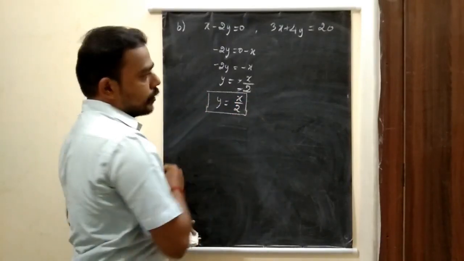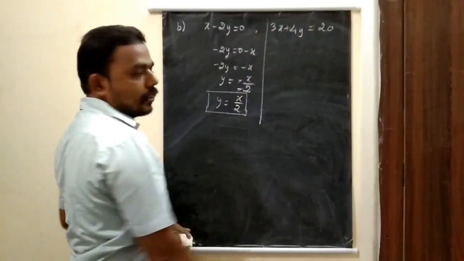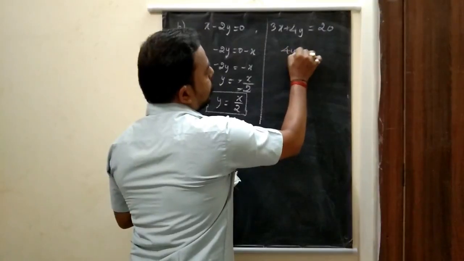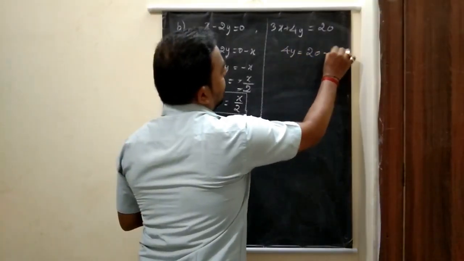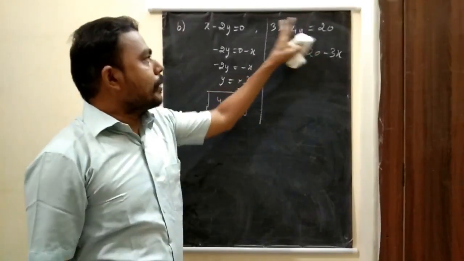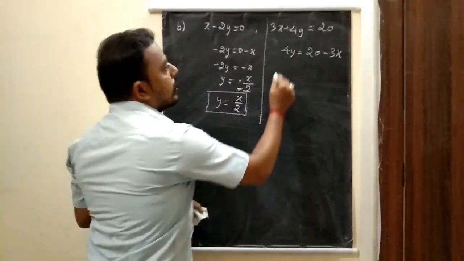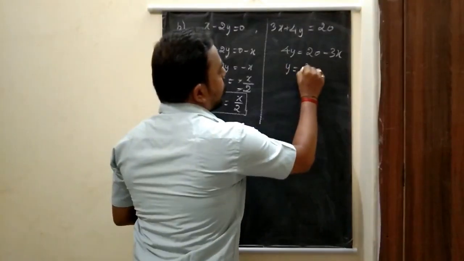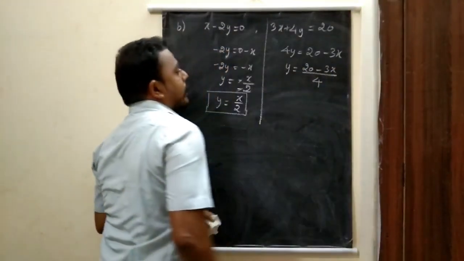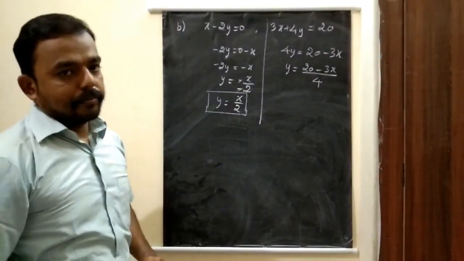This is the situation. The same way, the second one: consider 4y equal to 20 minus 3x. Then y equal to 20 minus 3x, the whole divided by 4. Not possible to cancel any number.